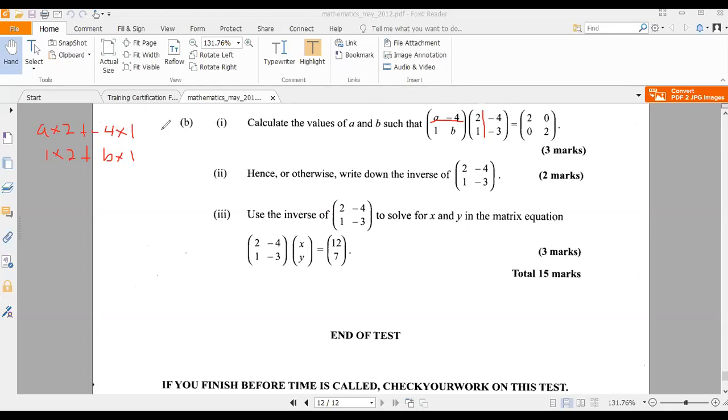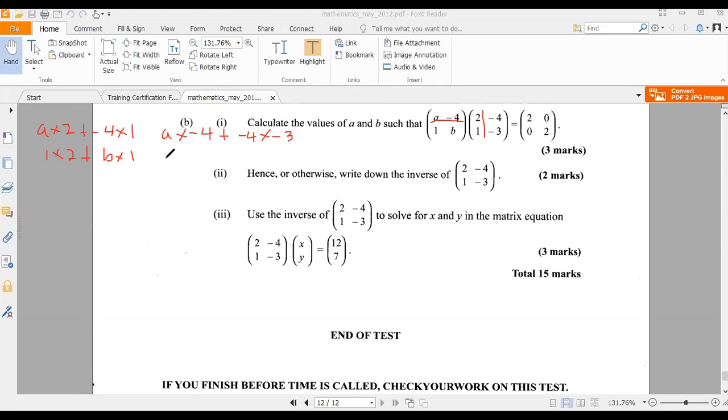We are going to get A times -4, plus -4 times 3. What will be the last column?